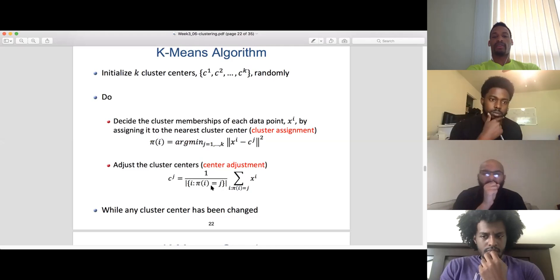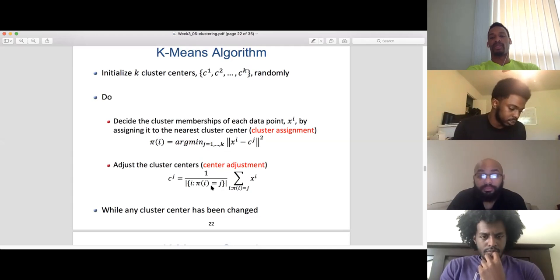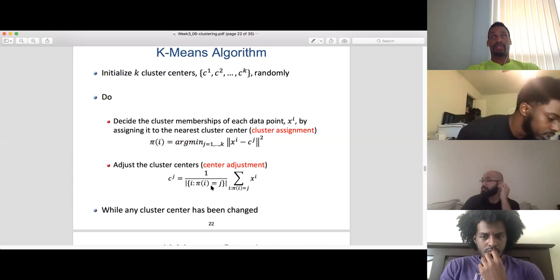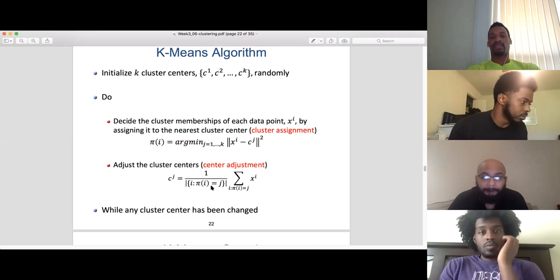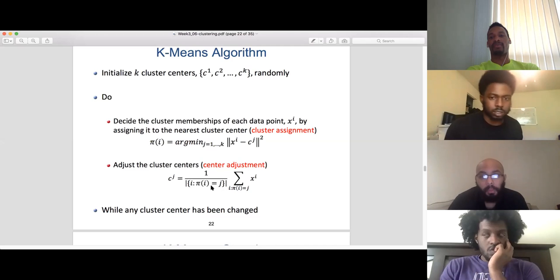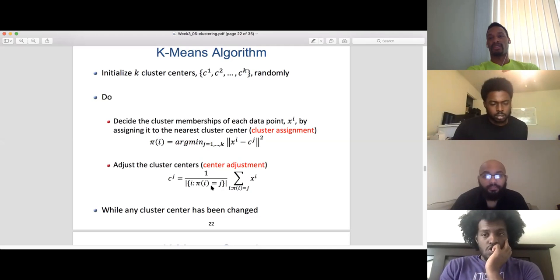Yeah, so after step 1, you have a certain number of points. Let's say m points that are assigned to cluster J, and then you take those m points and you basically find the mean of those points.